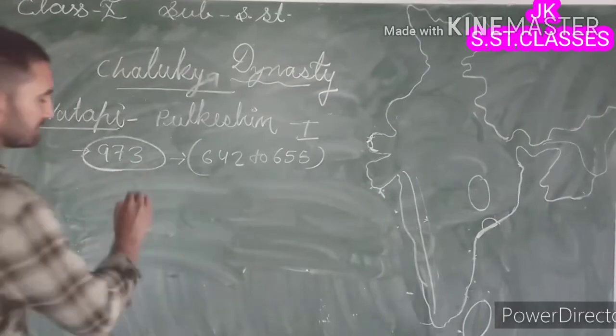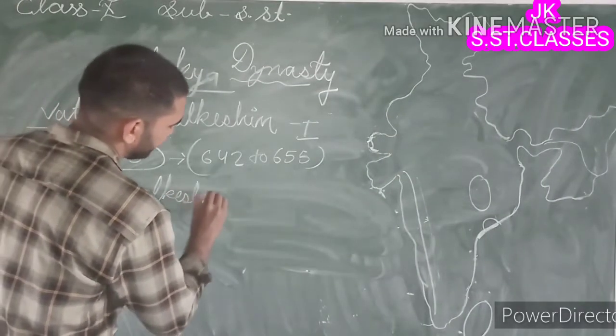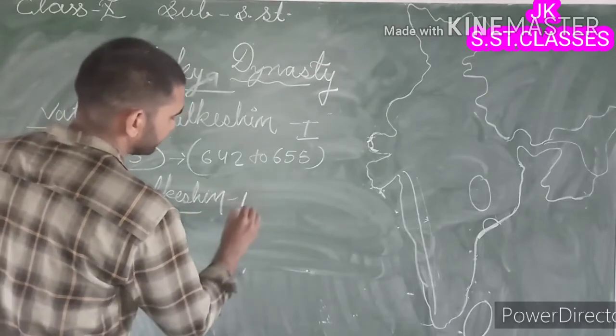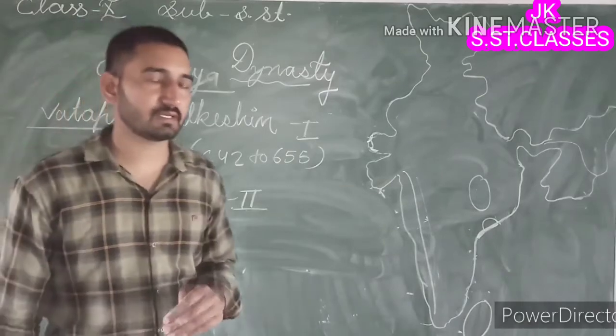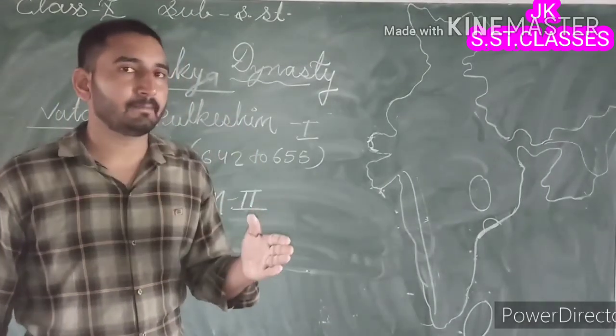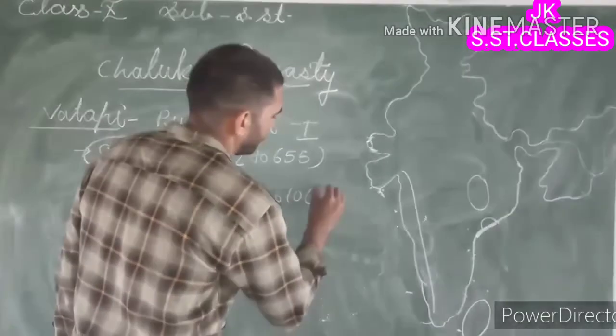Pulkesin II, the fourth ruler of this dynasty, was the most important ruler of this dynasty, who defeated Mahendravarman I in 610 Common Era.